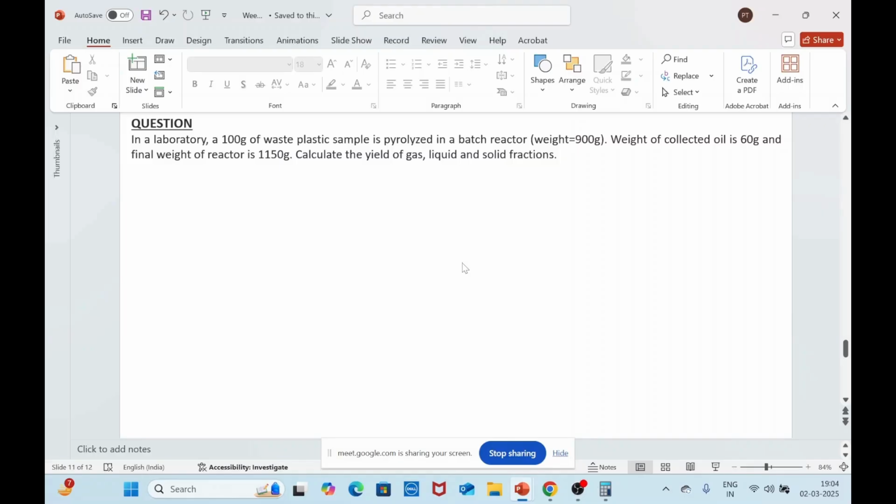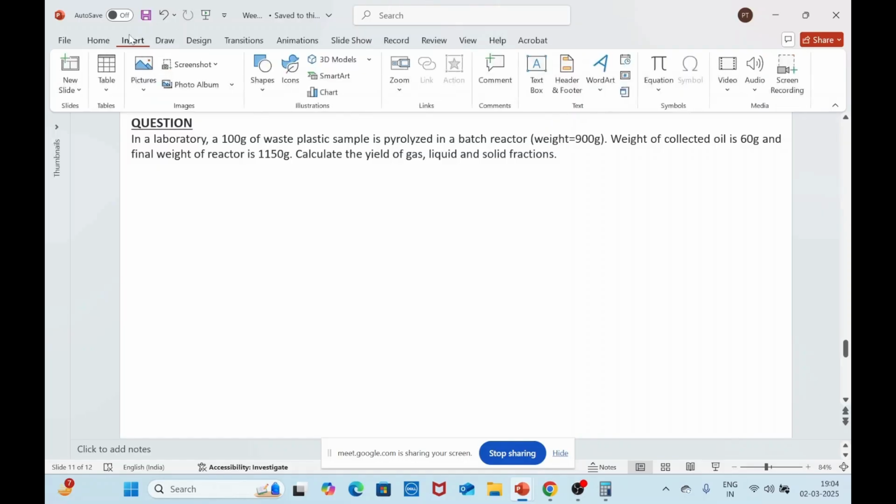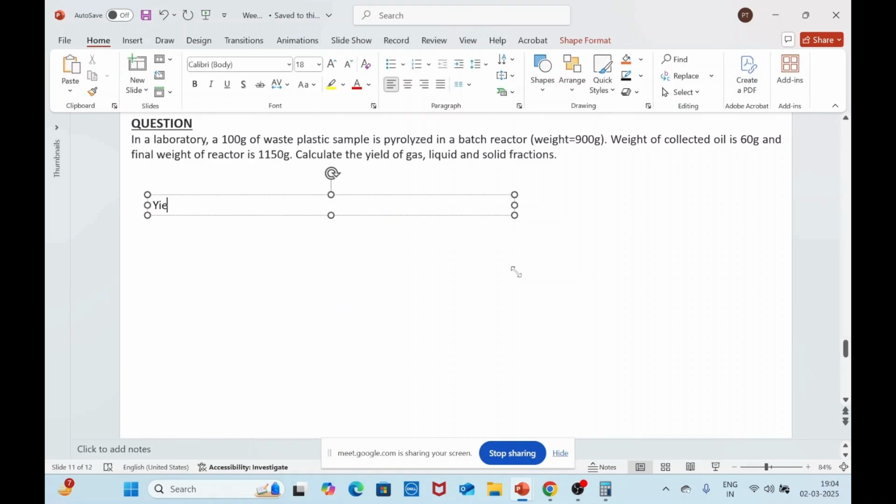So the weight of the oil is very simple. When I say yield, what it actually represents is just a fraction. So what should I divide the weight of the oil collected with?